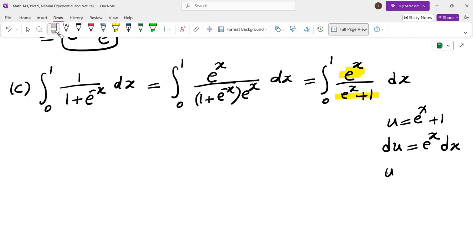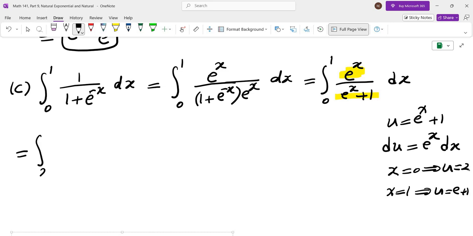When x is 0, u is 2. When x is 1, u is e plus 1. So this is the integral from 2 to e plus 1 of du over u.